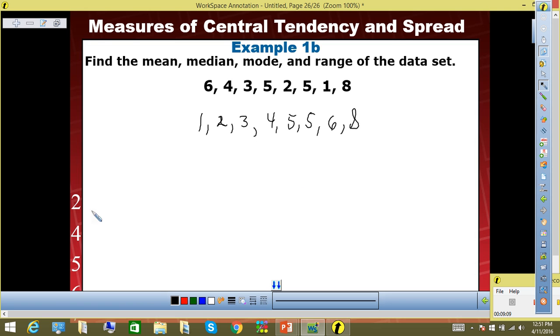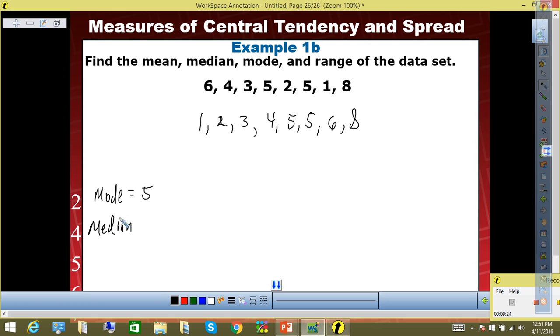So, pass to someone. Mode. Pass to someone. Median. Mia. 4.5, also known as what, Mia? Q2, 4.5. Thank you. Pass it to someone.